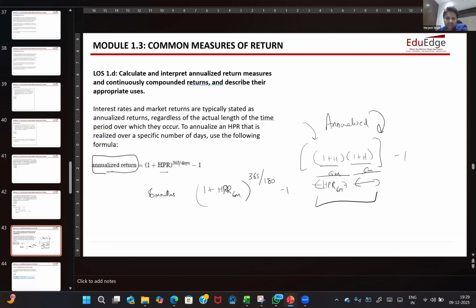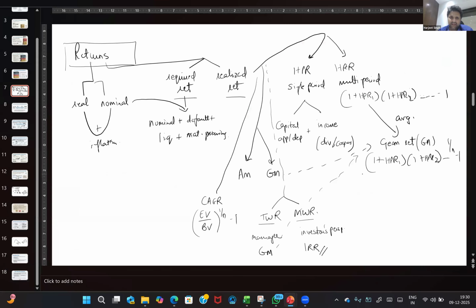Similarly, if it were quarterly, there would be 4 quarterly buckets. So 1 plus quarterly return raised to 4 minus 1 will be your annualized return. So we can add this to our deck.